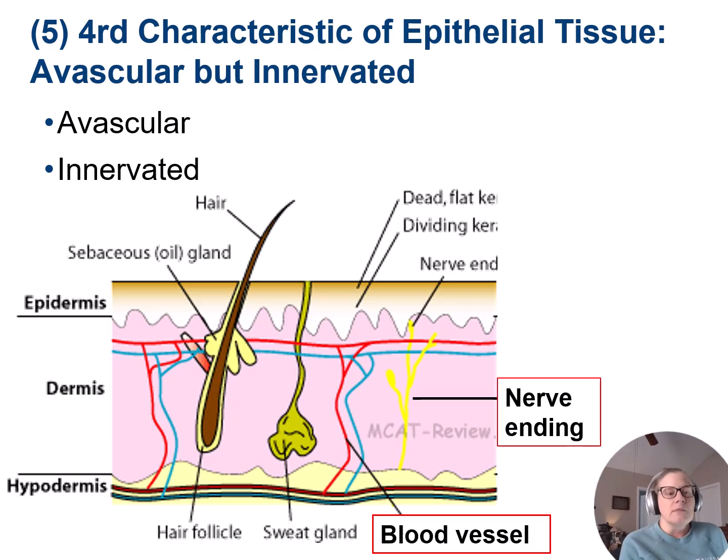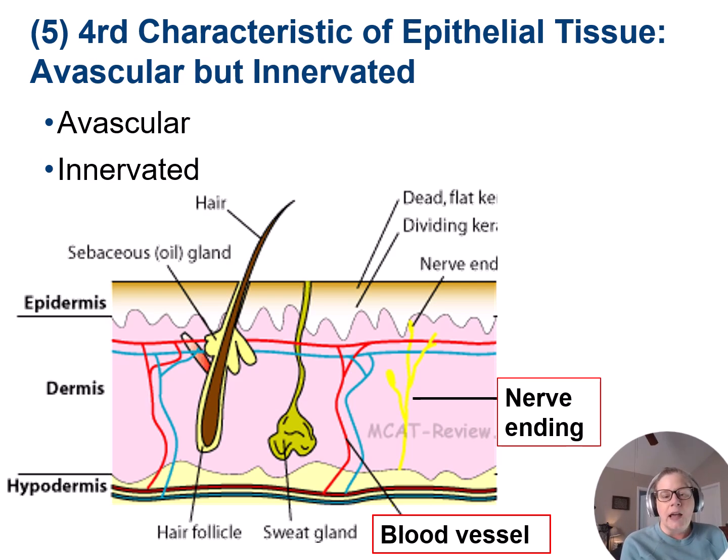So this term avascular essentially means not vascular. And when we refer to something as being vascular or vascularized in the human body, what we mean is that it has a blood supply. So epithelial tissues are avascular, meaning they do not have a blood supply, but they are innervated, meaning they do have nerve endings.